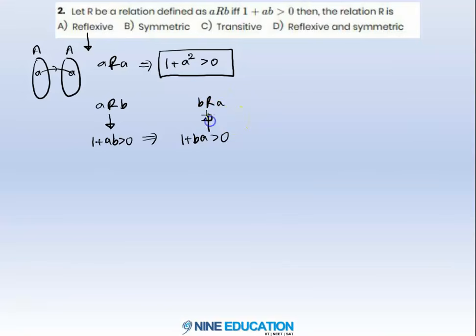So from here I can say that b is also related to a, and therefore it is symmetric. So both are correct, and both options are present together in option D. So D is correct, reflexive and symmetric. You should not check transitive. However, if there was another option like equivalence relation, then you would be required to check transitive, because any relation which is reflexive, symmetric and transitive is an equivalence relation.